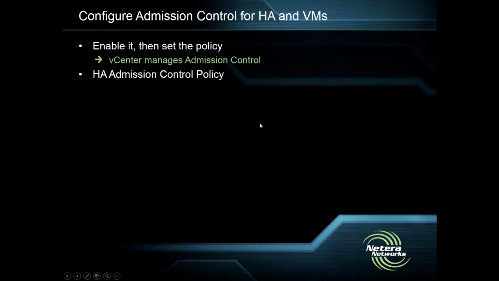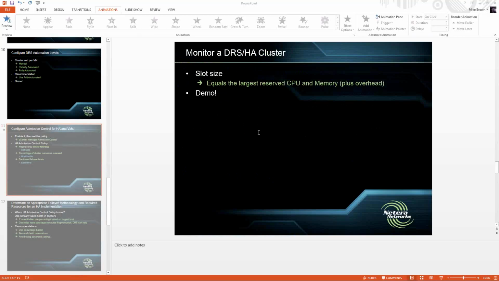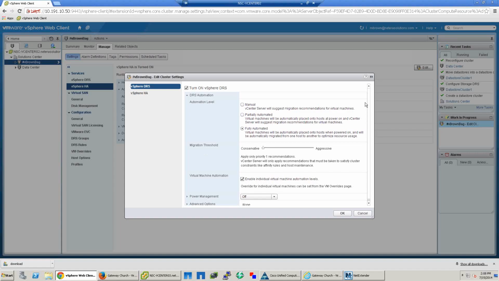So admission control for HA and VMs. Again, this is similar to what DRS was. DRS being a vSphere function. Actually, admission control itself is a vCenter function. It tells the hosts how many resources need to be reserved.